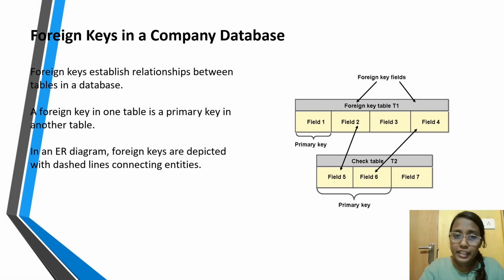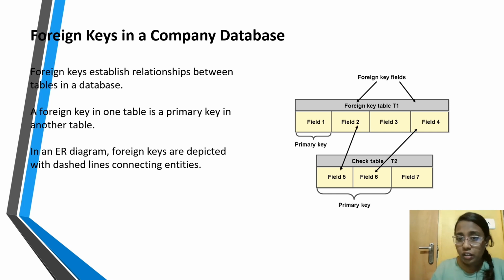Now, foreign keys in the company database. Foreign keys establish relationships between tables in the database. A foreign key in one table is a primary key in another table. So it establishes the relationship between two different tables or many tables. In an ER diagram, foreign keys are depicted with dashed lines connecting entities.